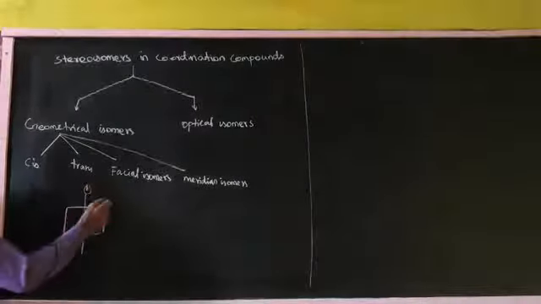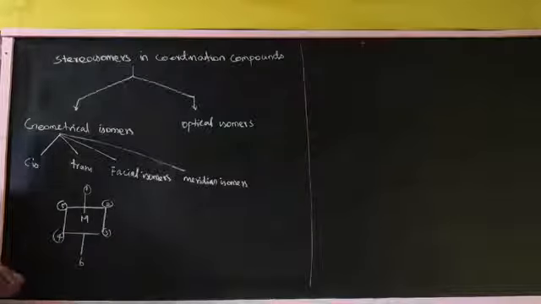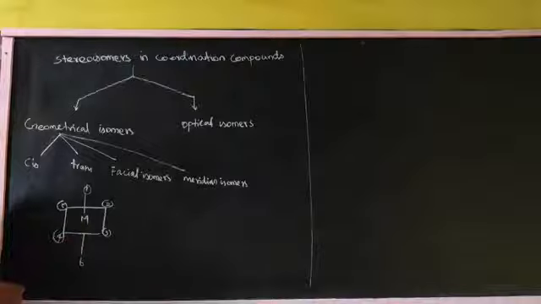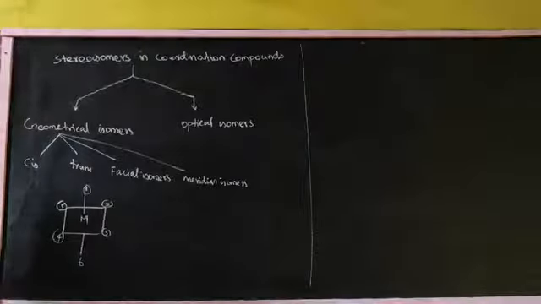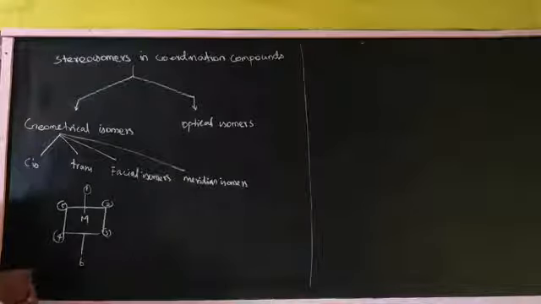So 1, then 2, 3, 4, 5, then 6, right? So in the octahedral complexes, we have to find what are the cis position and the trans position. So we can note that similar ligands present on the same side means cis, opposite side means trans.